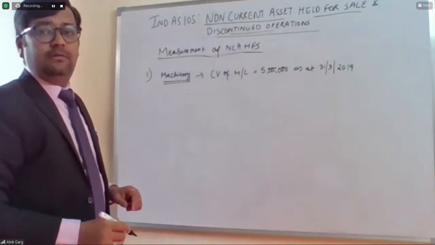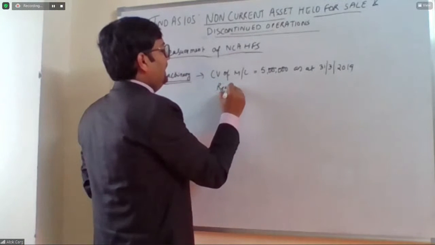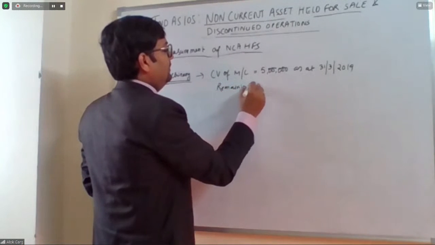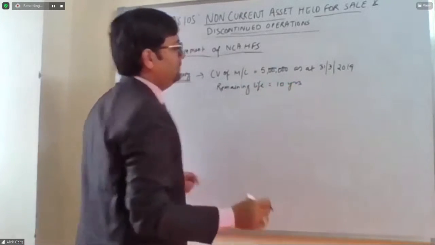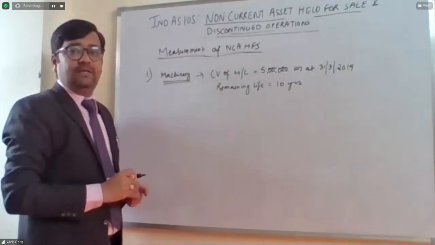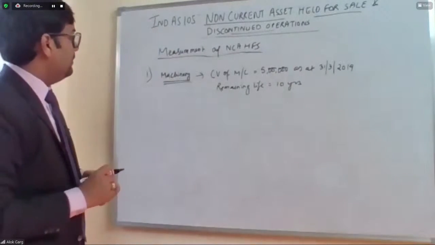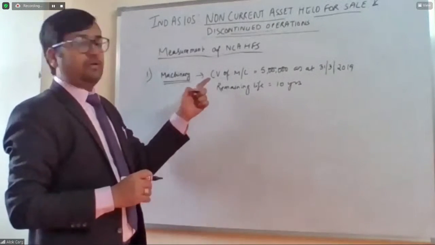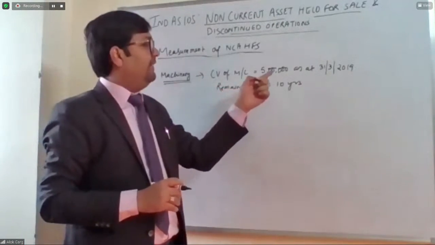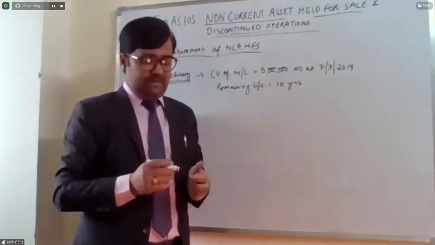Remaining life is 10 years. So the carrying value of the machinery is 5 lakh as at 31st March 19, and the remaining life is 10 years.